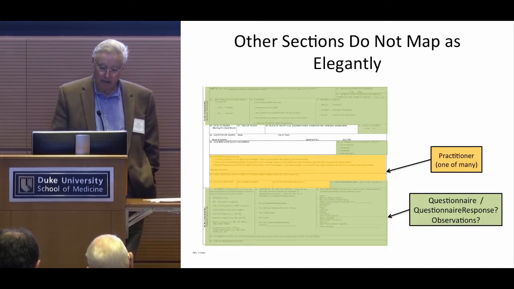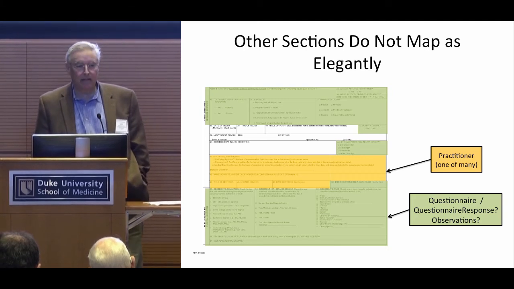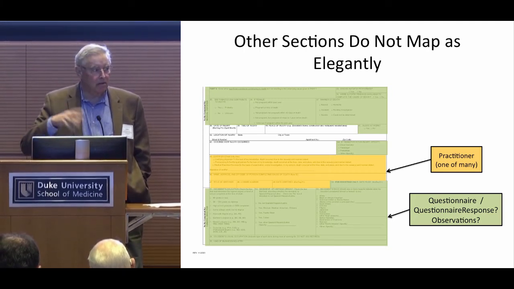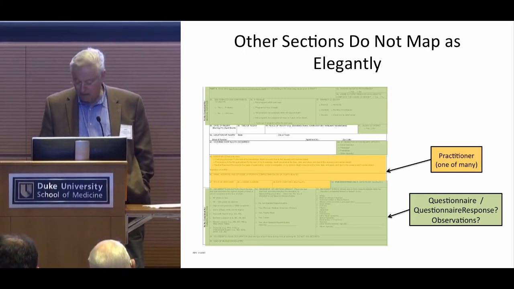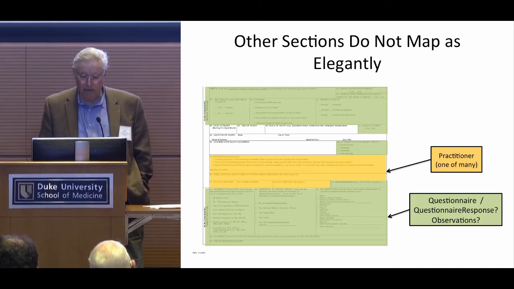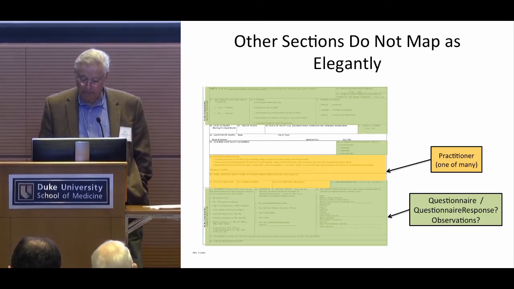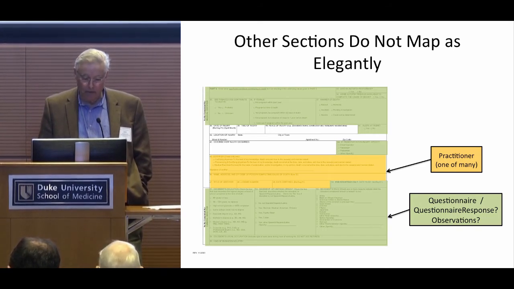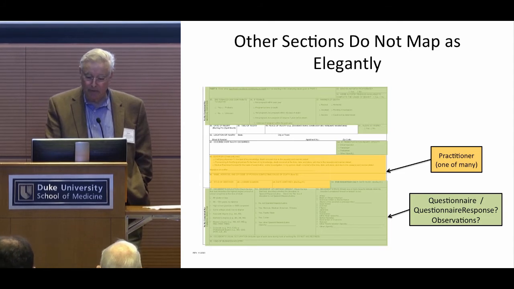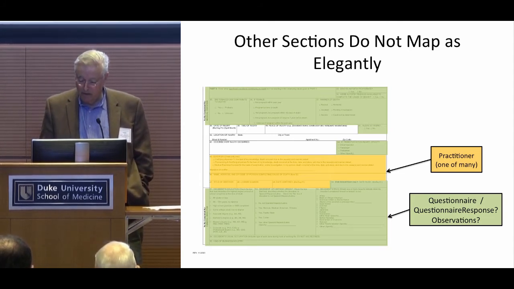And here's an example of the clinical data that the CDC wants about the patient and their medical history that doesn't map quite so easily. There can be many practitioners. We think this other stuff about tobacco use and manner of death might best be represented in a questionnaire response, or perhaps observation resources.